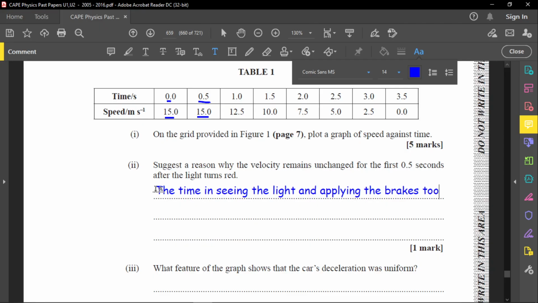I could say it took 0.5 seconds. So there is a reaction time in terms of seeing the light and then reacting to it. So the reaction time of the driver will take 0.5 seconds. So the reaction time is actually 0.5 seconds, seeing the light versus actually pressing the brake.